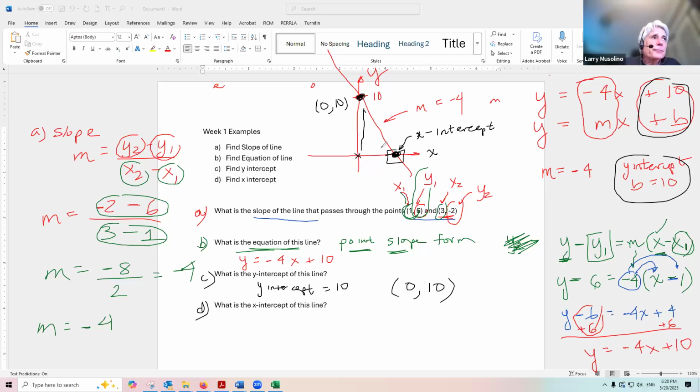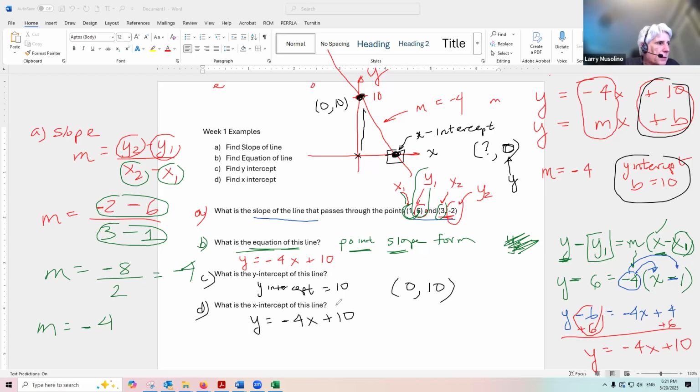That means this x-intercept is going to be some number, comma 0. If it has a height of 0, the y value should be 0 then. Well, that means in this equation, I can replace y with 0 in order to find the x-intercept.